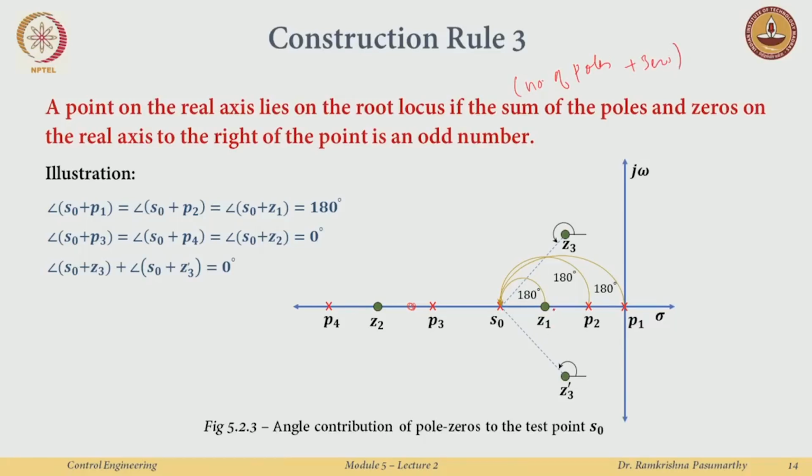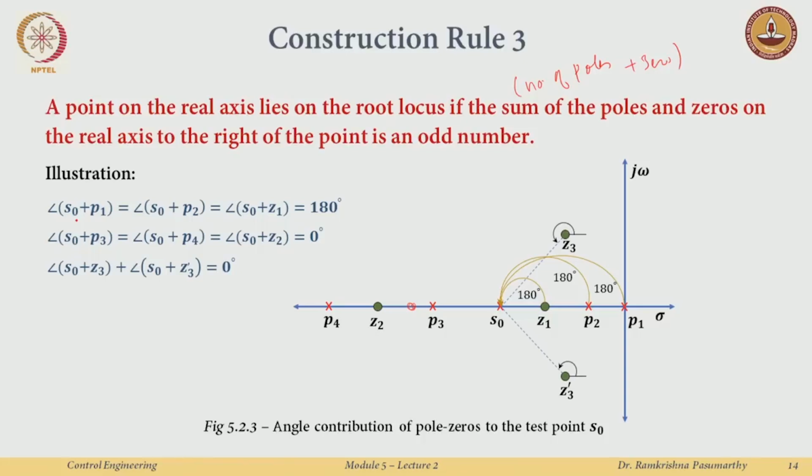If I am looking from here to the right, I just say there are 2 poles and 1 zero, 3 poles and 1 zero, 4 poles and 1 zero, 4 poles and 2 zeros and so on, and I take the total numbers. So, we look at the number of poles and zeros, not the values of it.